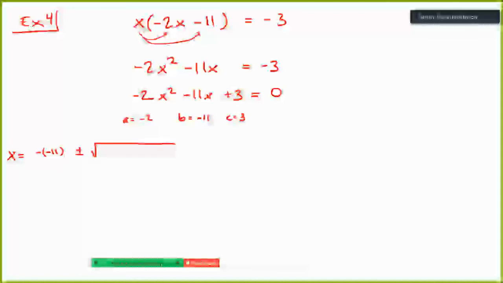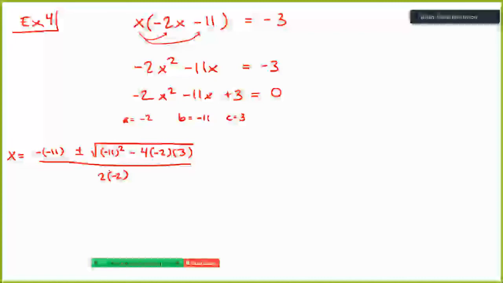Then B squared is negative 11 squared, minus 4 times negative 2, that's A, times 3, that's 4AC, and then divided by 2A. So that's 2 times negative 2. It's another negative 4 on the bottom. Okay.